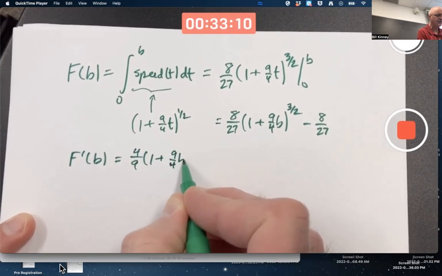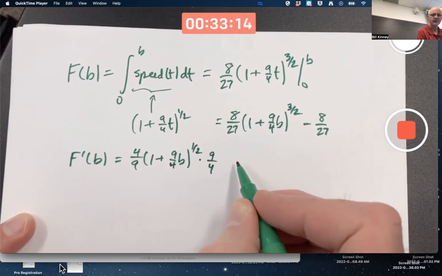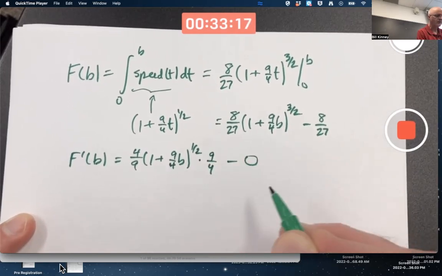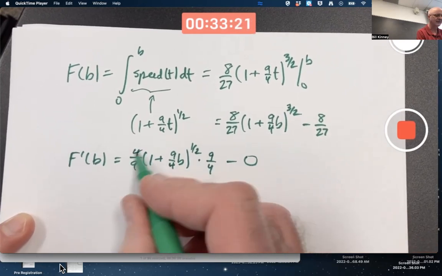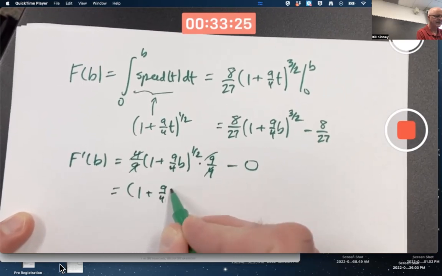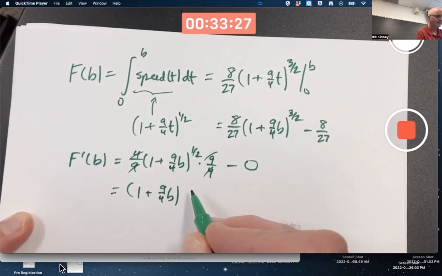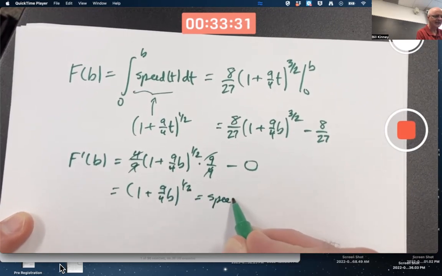Don't forget about the chain rule. Multiply by 9/4. This should feel familiar. Minus 0. Right? The 4/9 and the 9/4, that should feel familiar. Yeah, they completely cancel. You're left with (1 plus 9/4 b) to the 1/2, which is the same as the speed at time b.